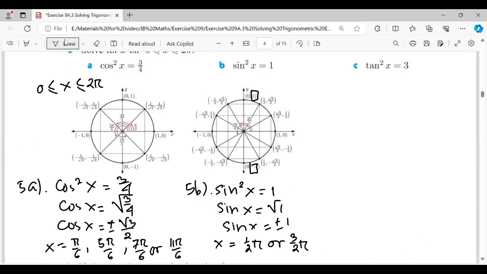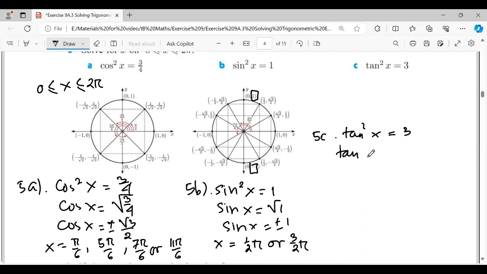5c, I mean, tangent squared x equals 3. So tangent x is plus minus square root 3.